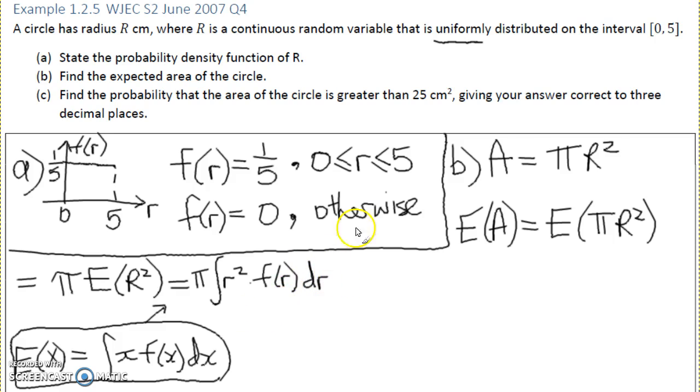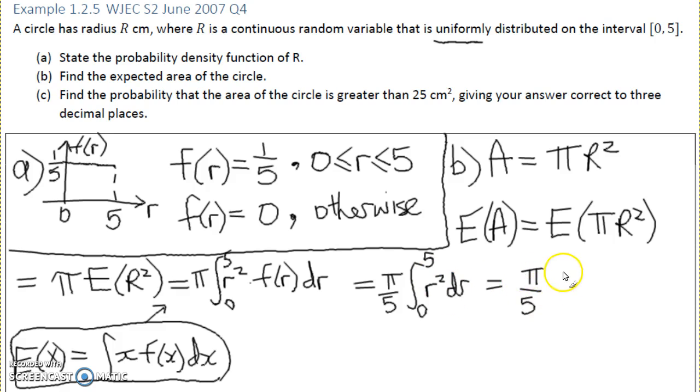Integrate with respect to r over the whole range, so we're going to go from 0 to 5. Now f of r is a fifth, because r is a uniform distribution. It's a constant, 1/5, so I'm going to bring it out to join the pi. So we get pi over 5 times the integral of r squared between limits of 0 and 5.